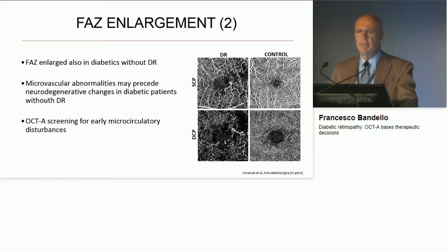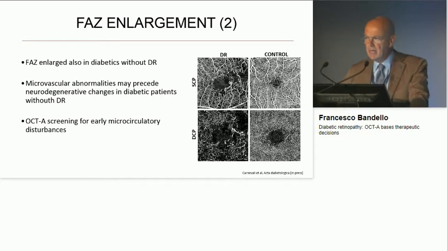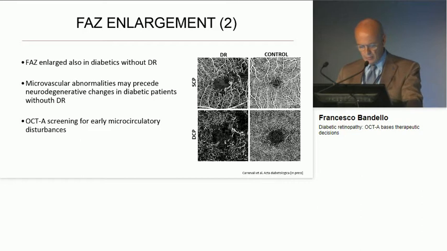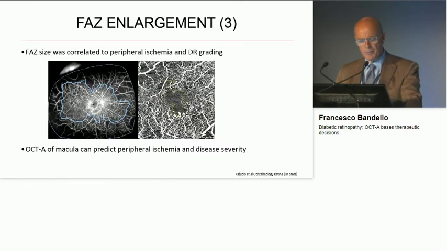What we were able to show is that microvascular abnormalities were present in patients where you had no structural OCT changes. So considering that, you could imagine that OCTA could be used as a screening instrument in a screening program for diabetic patients.